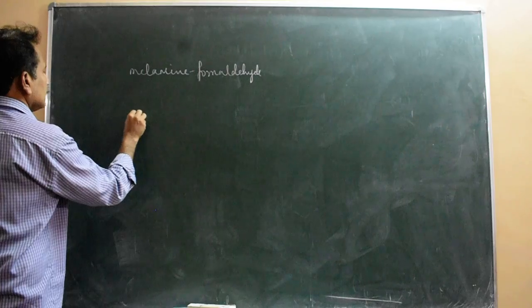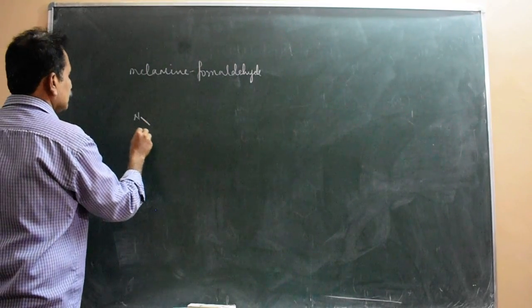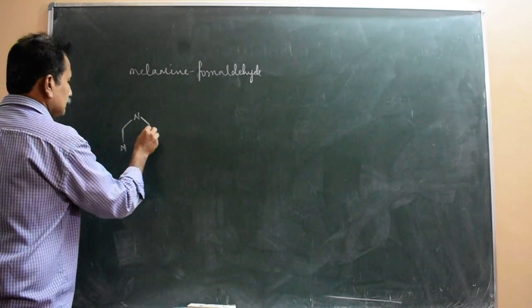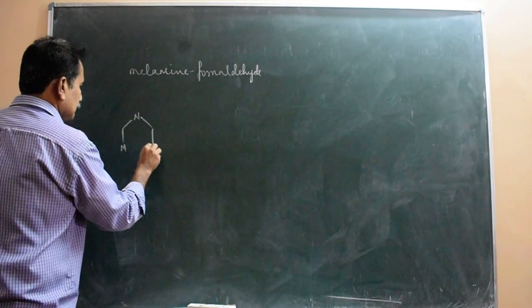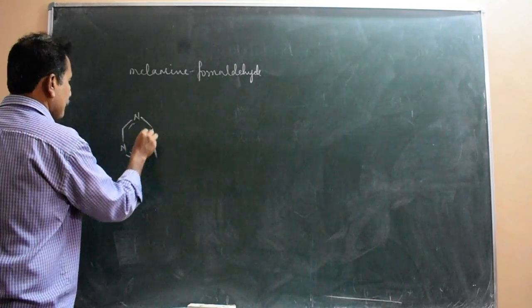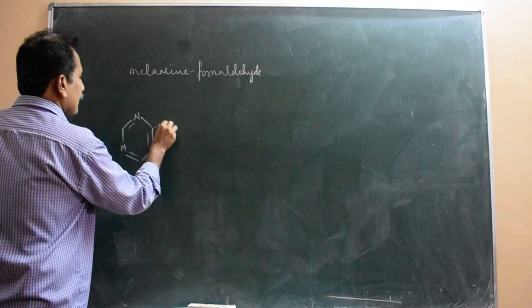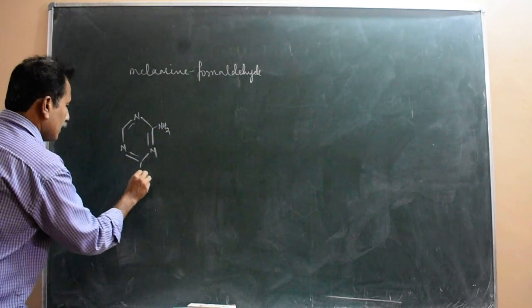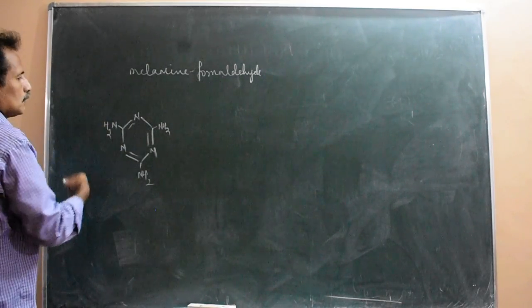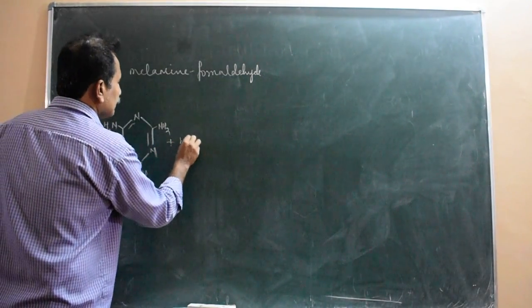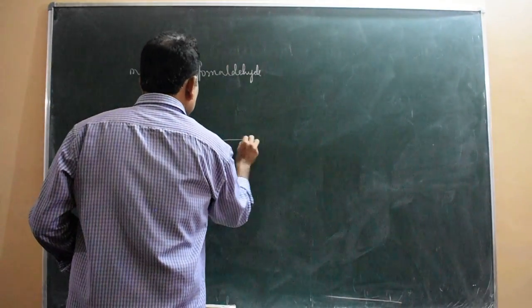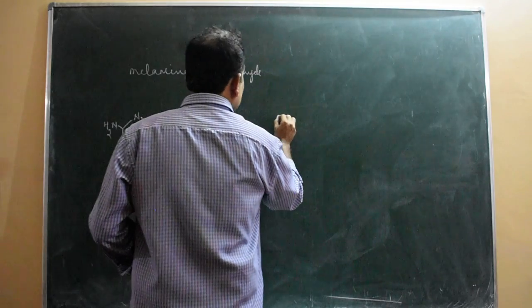Okay, so melamine and formaldehyde. React these, and you get a resin intermediate.